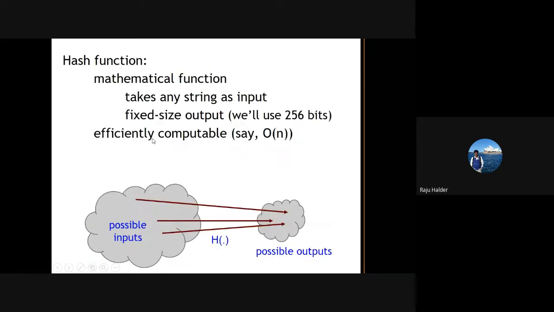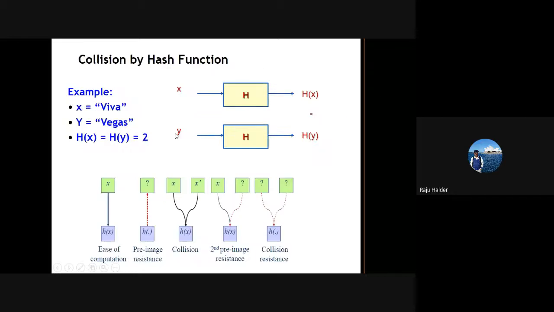As I already told, since the input domain is large enough compared to the output domain, at least two elements will map to the same output. This is called collision. And that's why if I give you the output, you cannot map back to the input. So therefore, it's only a one-way hash function. It cannot go both ways. You cannot get the inverse of the hash function.